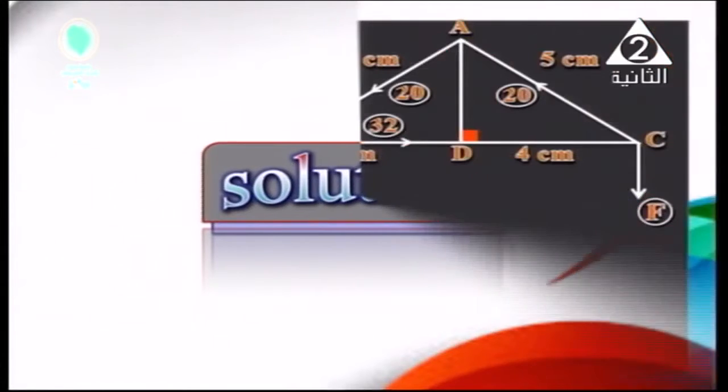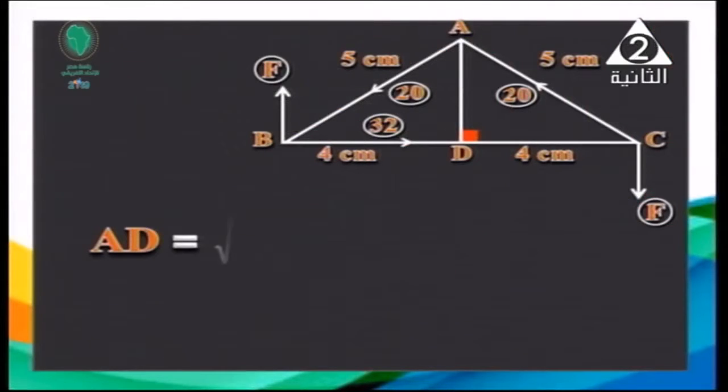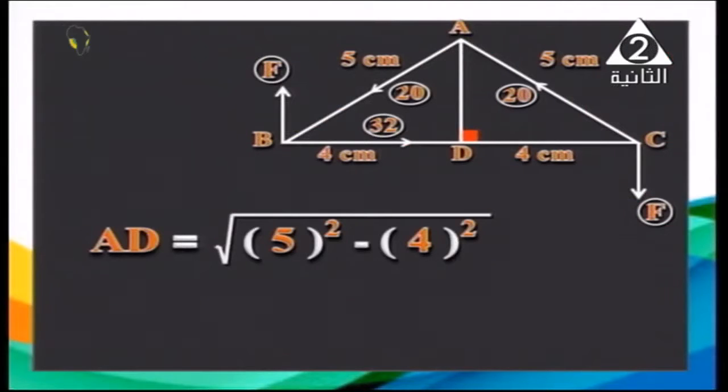My dear student, look at, we have ABC, an isosceles triangle. AB equals AC equals 5. But BC equals what? BC equals 8 from the given. We have two forces acting in direction. Look at, my dear student, what is the length of AD? AD is perpendicular to BC. AD also bisects BC. Why?